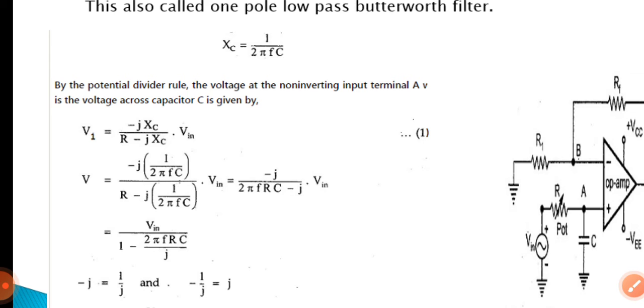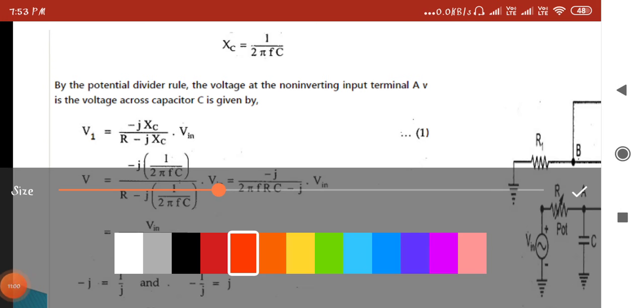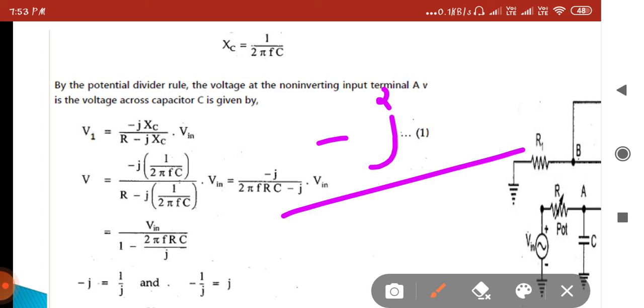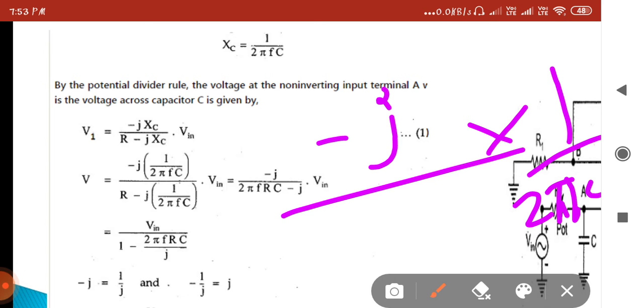Minus j gets cancelled, 2 pi fc comes down, correct?